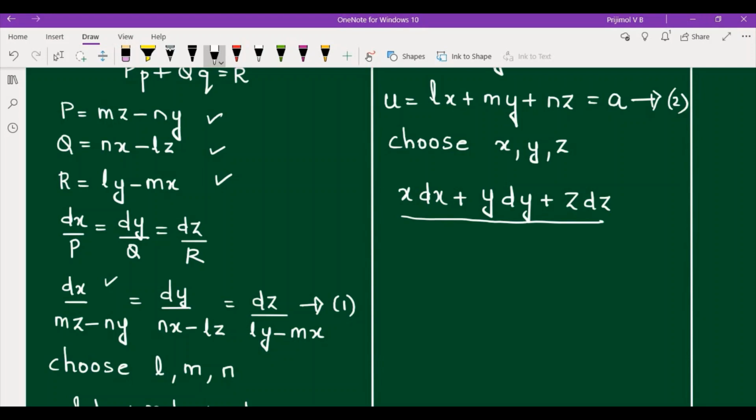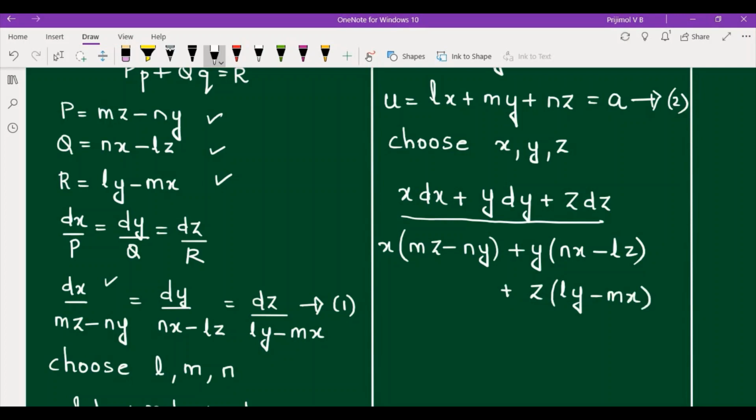So in the denominator also you have to do the same, that is x for the first ratio, y for the second ratio, and then adding, z for the third ratio. Now after opening the brackets in the denominator, it turns out to become 0.